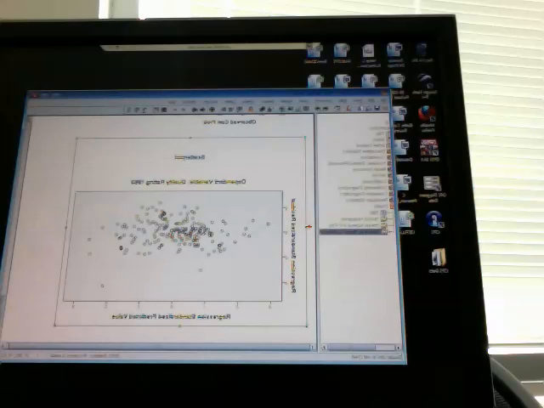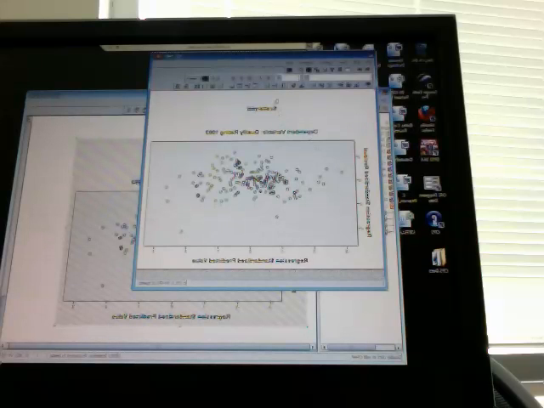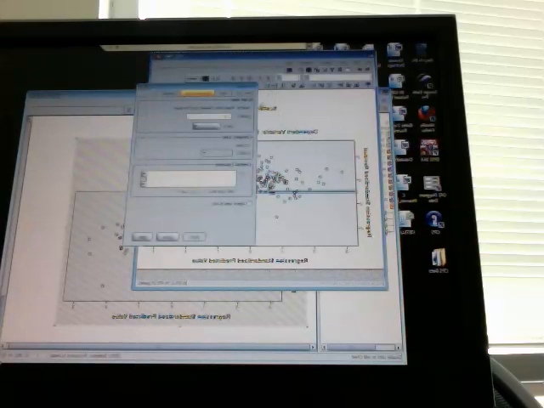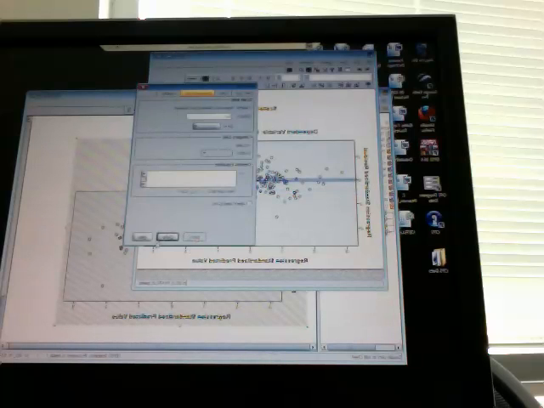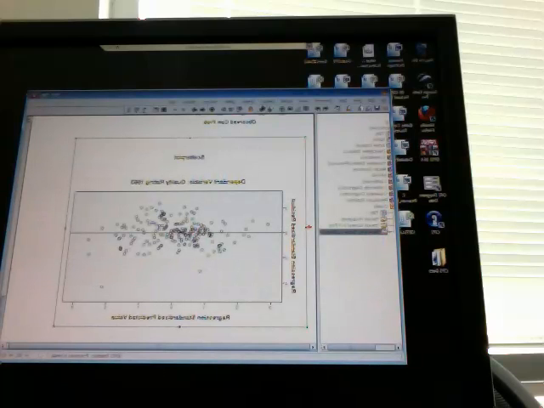And what are you looking for? A hot dog. Do you have something that looks sort of like a hot dog? The question is, as you go across this line, do you have equal spread of scores as you go along that line?